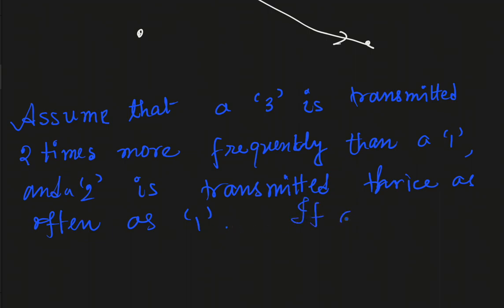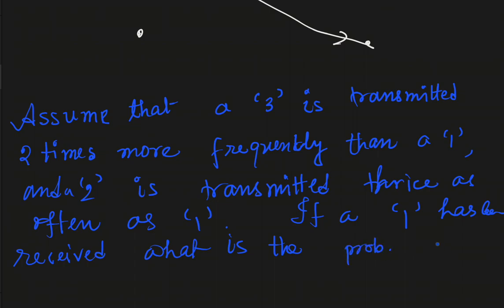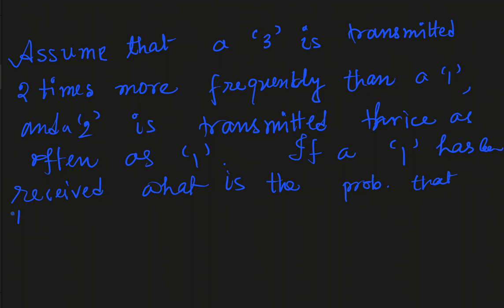So if R1 has been received, what is the probability that T1 was sent? Okay, so it's a very big problem.